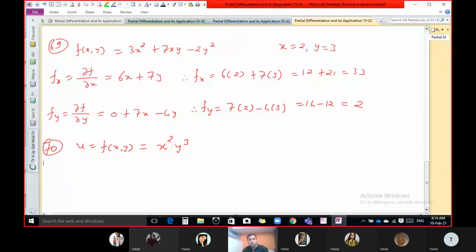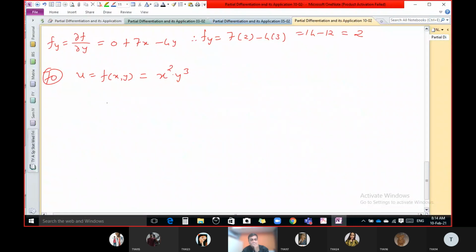So let us start first of all with delta u upon delta x. Tell me the derivative of this with respect to x. Sir, I don't remember the multiplication rule. Okay, but no need to multiply here.